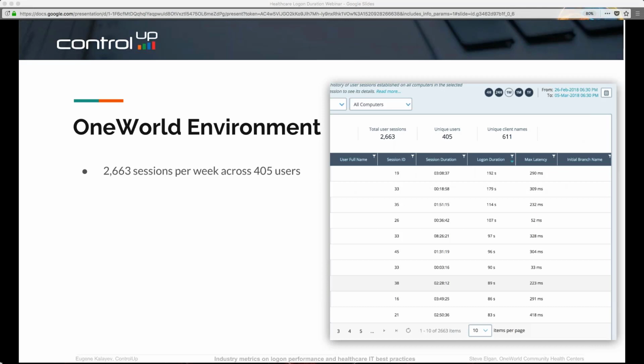So you can see on an average day roughly 405 users are connecting into the environment. We're running concurrent licensing, and so like I said, a max of about 275 or so users, 2,600 sessions a week. And you can see in this screenshot that there are some examples of some pretty atrocious logon times, 192 seconds, and we've seen some that have been much higher than that in the 300s and 400s.